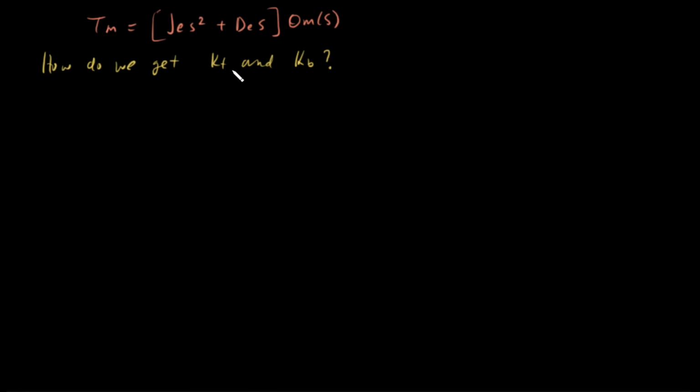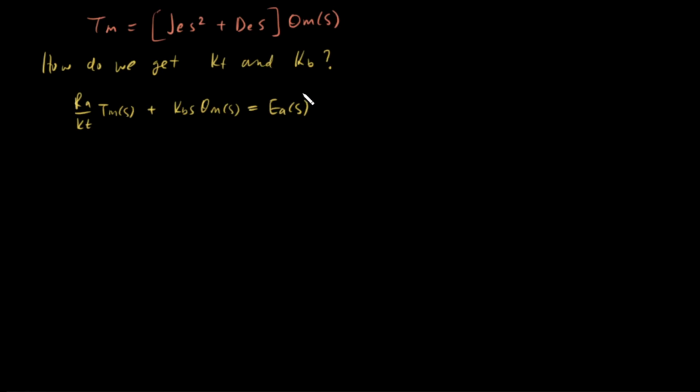Okay, so we saw before that our motor model, if the inductance was small, was just RA over KT times Tm of S plus KB S theta m of S, and that was equal to the voltage on the armature.